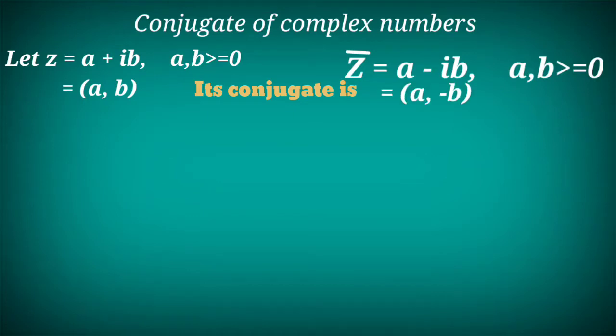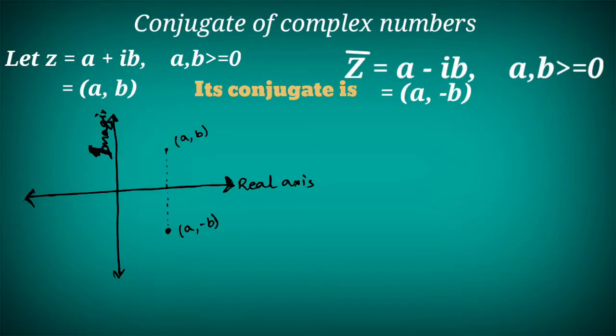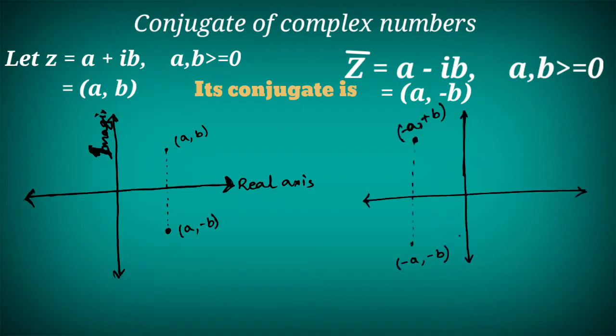Geometrically, a plus ib lies in the first quadrant, so its conjugate we get in the fourth quadrant, which is a minus ib. And if we take the complex number in the third quadrant, that is minus a minus ib, then its conjugate will surely be in the second quadrant, that is minus a plus ib.